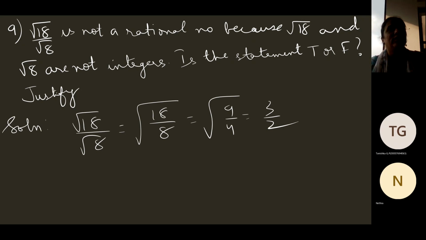Now you can simplify. 2 9s are 18, 2 4s are 8. So square root of 9 by 4. And what is the square root of 9? 3. 4, 2. So square root of 9 by 4 is 3 by 2. 3 is an integer. 2 is an integer. So 3 by 2 is P by Q, where 3 and 2 are integers. So it's a rational number, the given expression.